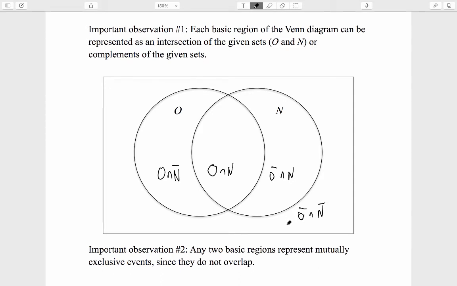Important observation number 2 is that any two of these basic regions represent mutually exclusive events. There is no overlap between this basic region and that basic region because that's just what basic region means. The O circle as a whole is not a basic region. The O circle as a whole overlaps with the N circle as a whole, but those are not basic regions. This basic region has no overlap with that basic region, which has no overlap with that basic region.